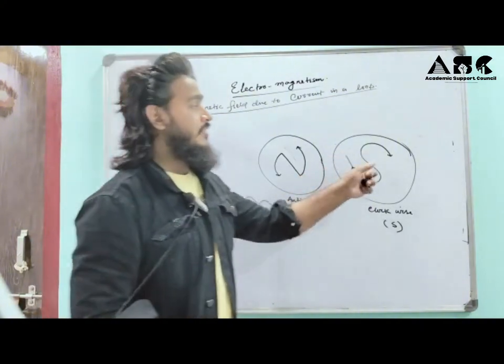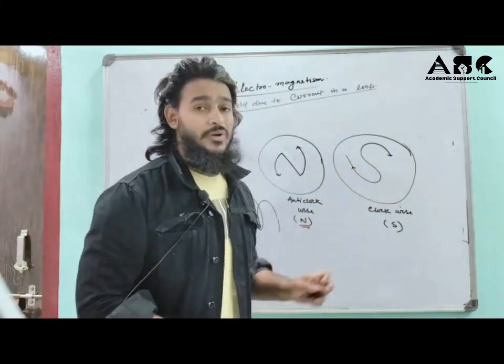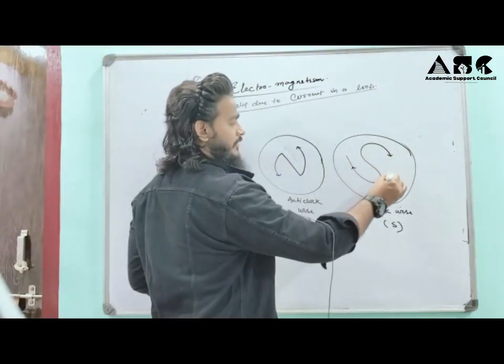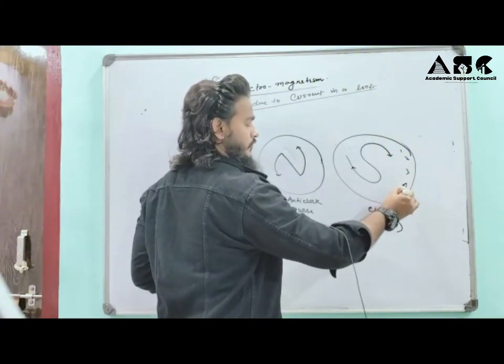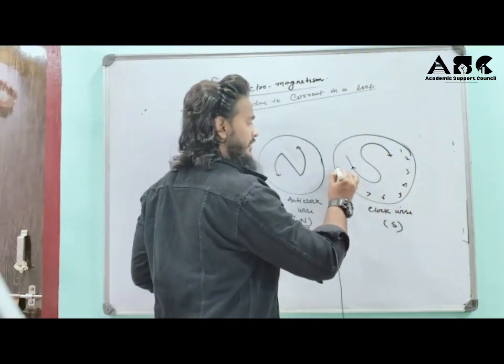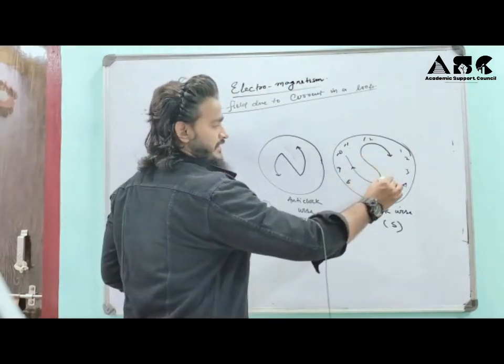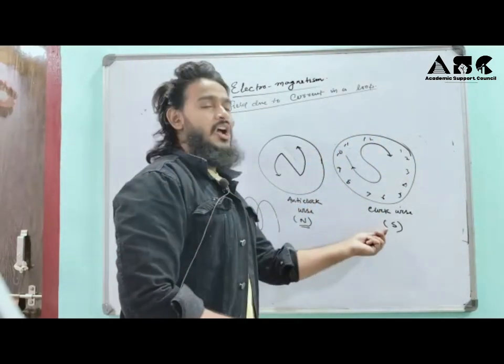And if the current with respect to your point is passing clockwise, what is the meaning of clockwise? Suppose the current is passing in this way, in the direction 1, 2, 3, 4, 5, 6, 7, 8, 9, 10. If the current is passing in this way with respect to your point, then this will be considered as clockwise.